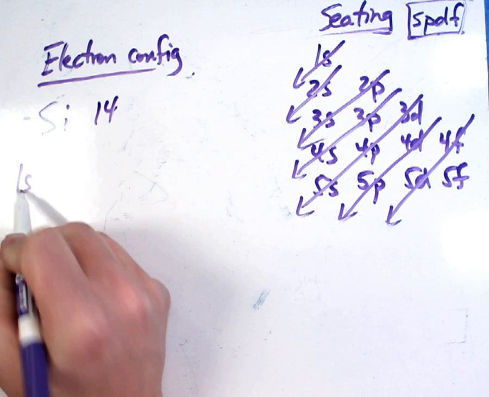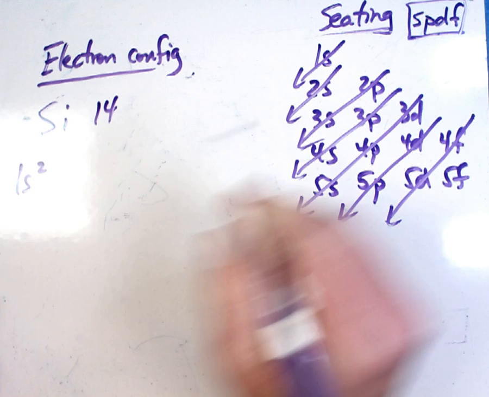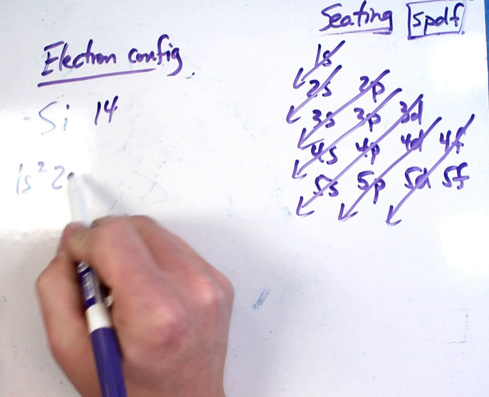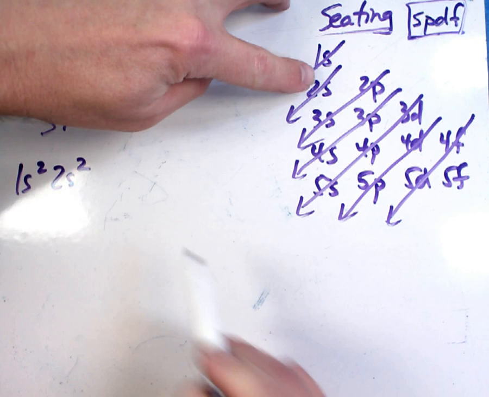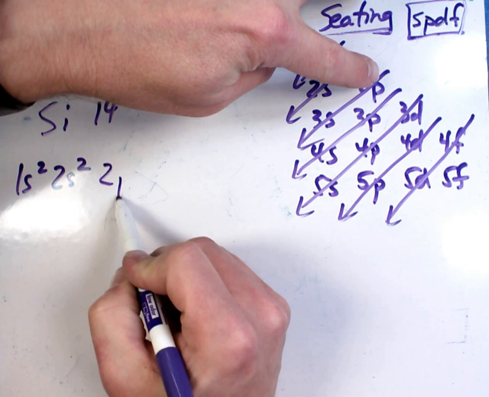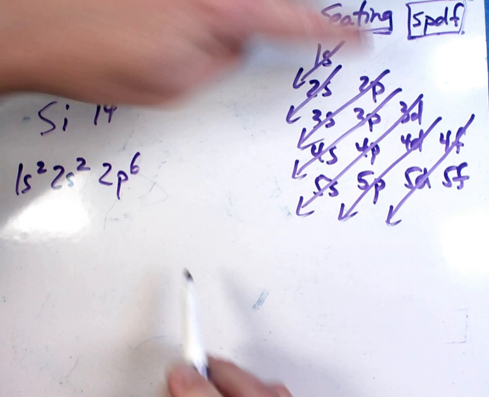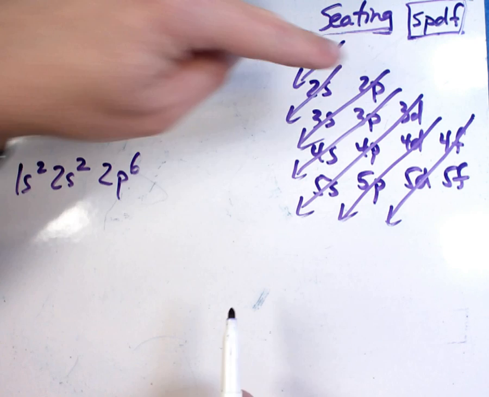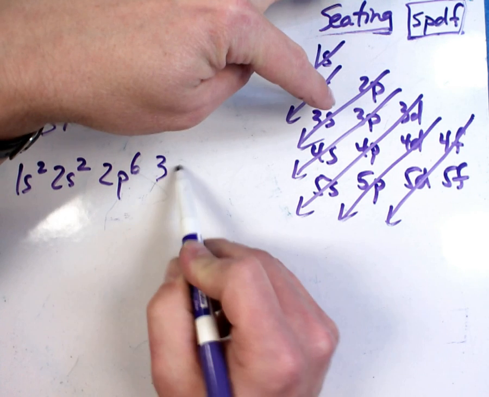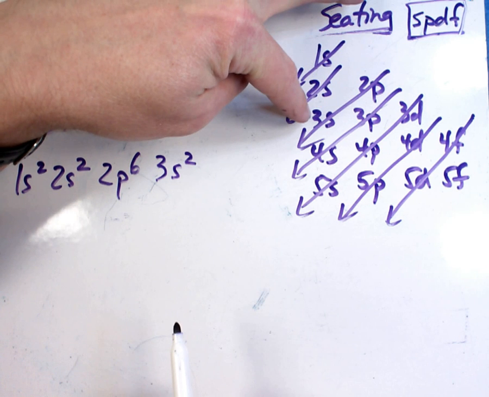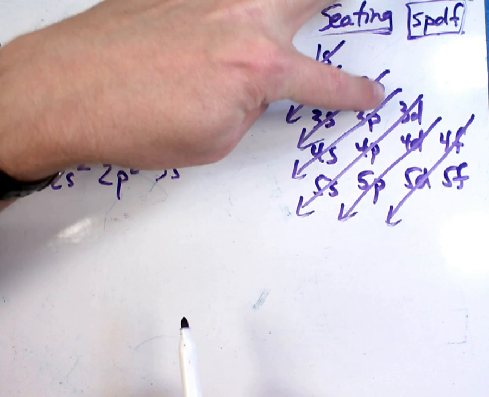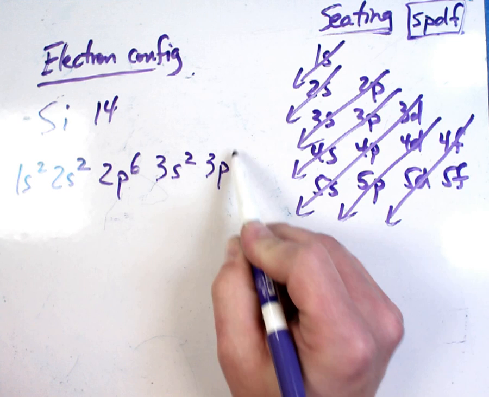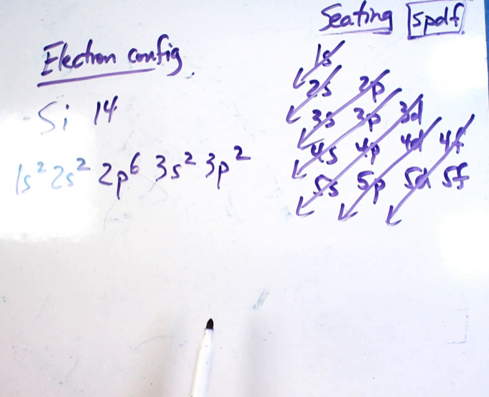So you just start at the beginning. 1s holds 2. Slide down, 2s holds 2. After 2s is 2p, holds 6. So I have 6, 7, 8, 9, 10. I'm doing great. After 2p is 3s. 3s holds 2. And I have 2 more left. So 3p holds 2.